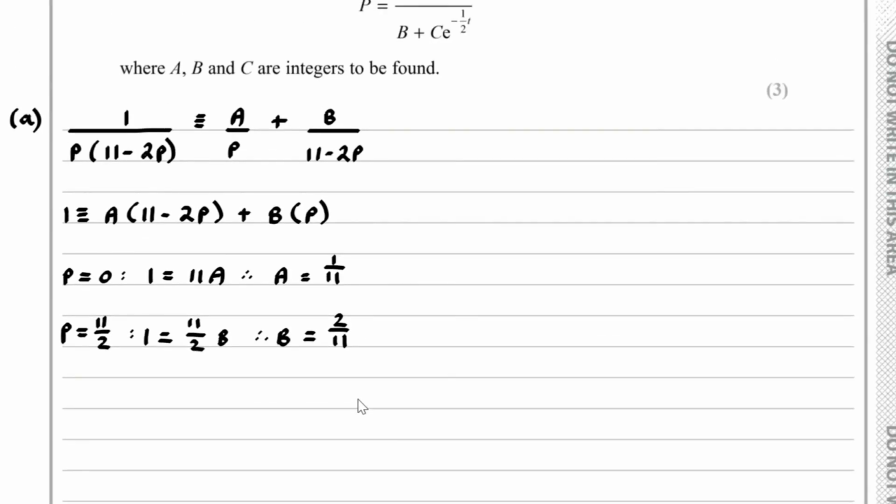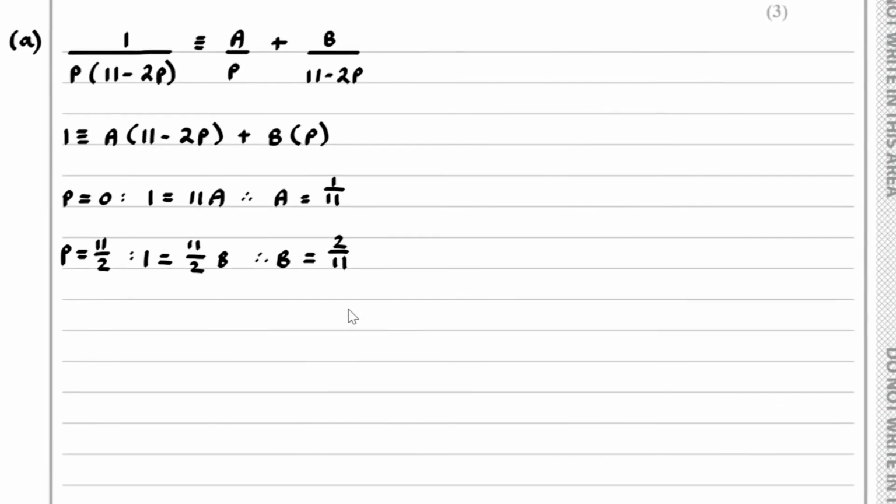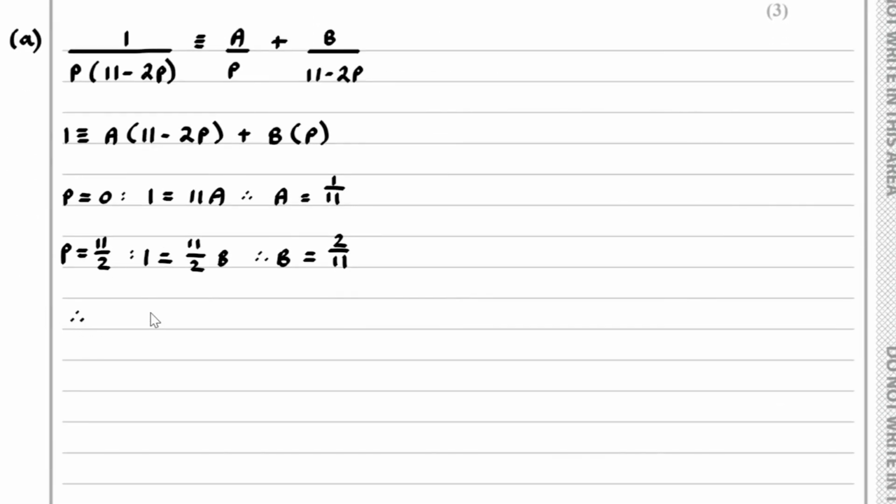And knowing what the values of a and b are, we can now conclude that 1 over p lots of 11 minus 2p is equivalent to 1 over 11p plus 2 over 11 lots of 11 minus 2p.